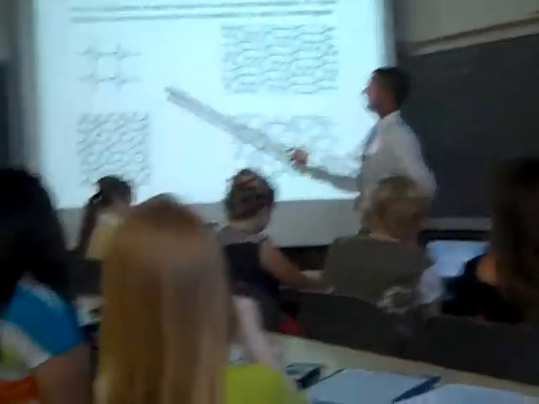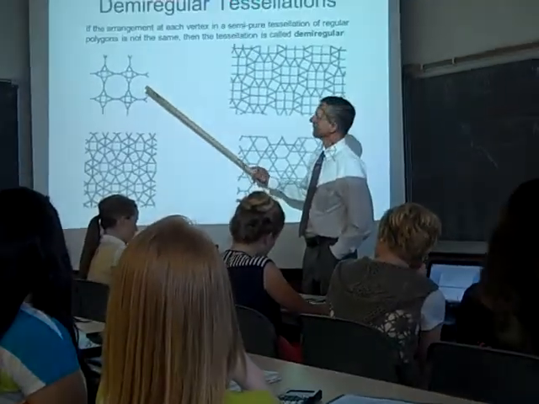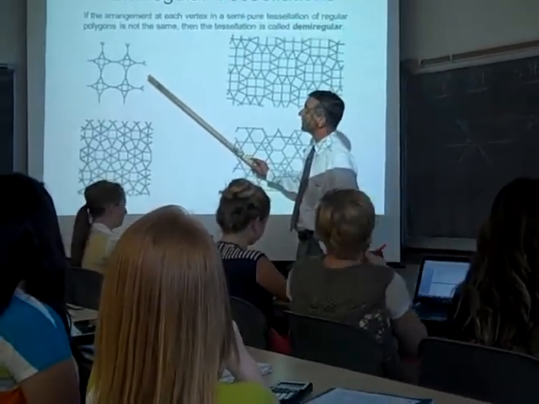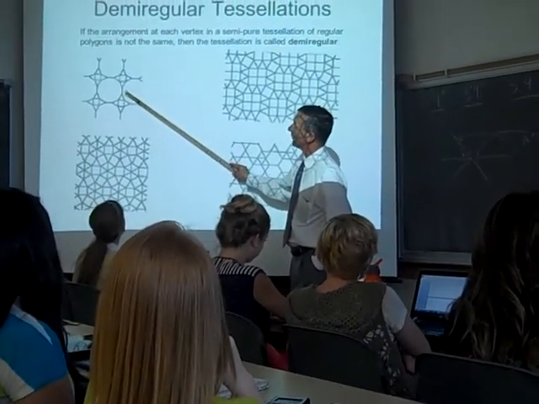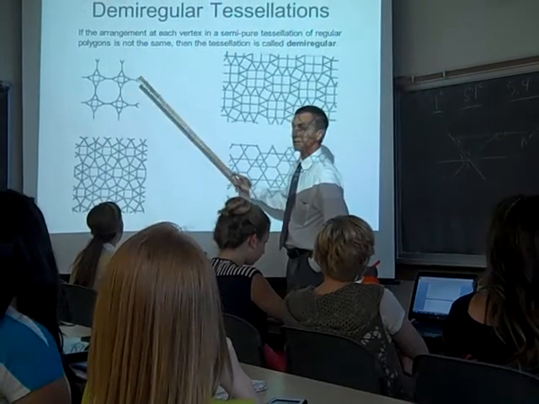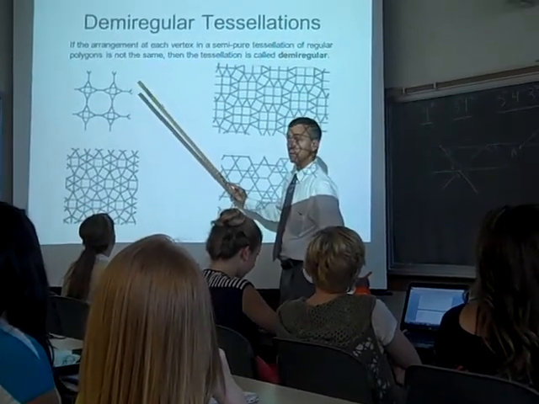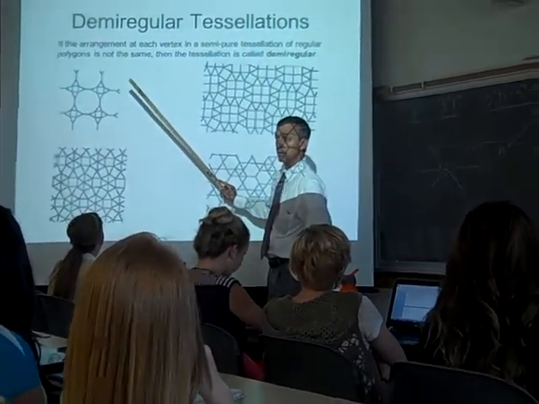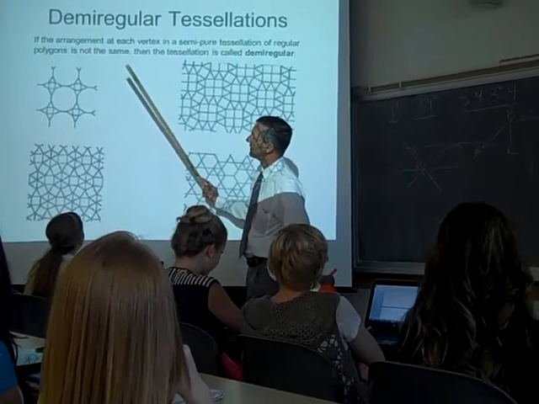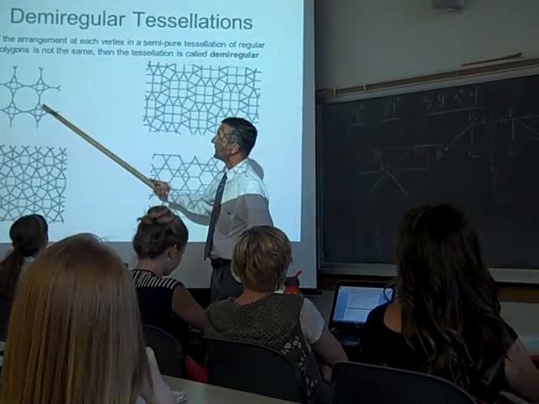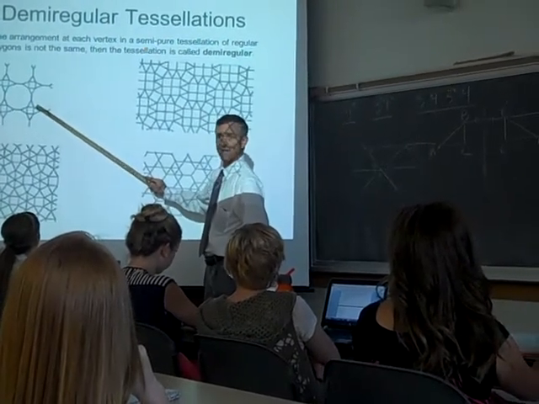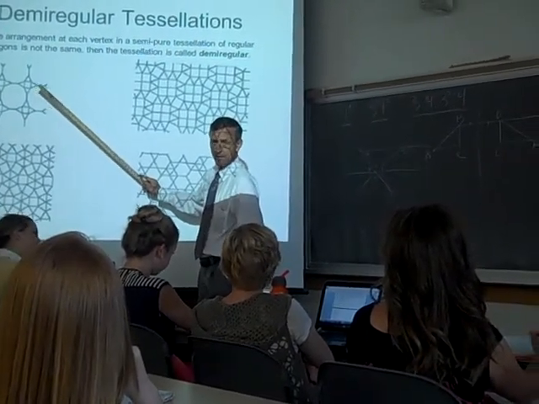Anybody got one for this? 3 squared, 3, 12 squared. 3, 12 squared, right there. What else? 3, 12, 3, 4. That one could also be named 3, 4, 3, 12. That's a different order, but it's okay to go either direction.